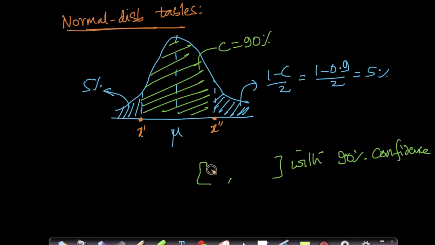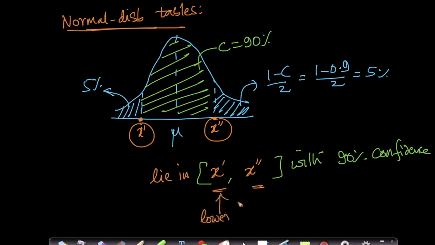And you can now say that your heights lie in the interval x dash to x double dash with a 90% confidence interval. That's how you compute, for any given confidence level C, the lower bound and the upper bound of the confidence interval.